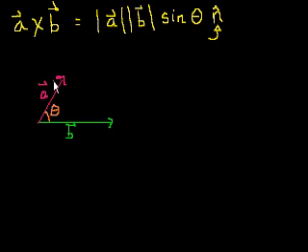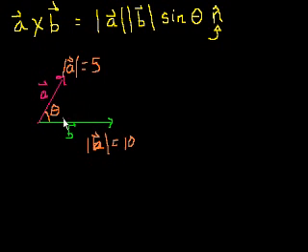And let's say the magnitude of A is equal to 5. And let's say that the magnitude of B is equal to 10. It looks about double that. I'm just making up the numbers on the fly. So what's the cross product? Well, the magnitude part is easy.